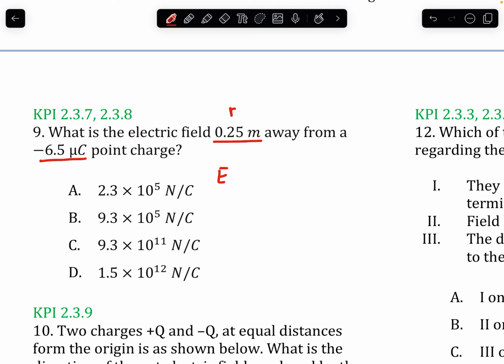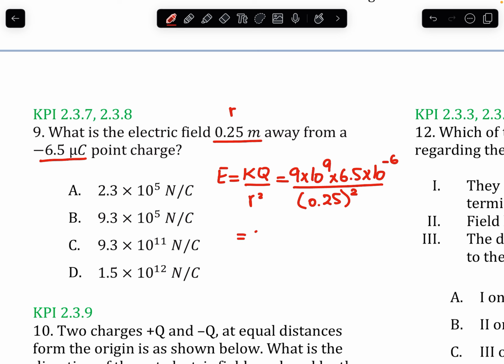So E again is KQ over R squared, 9 times 10 to the power of 9 times 6.5 times 10 to the power of negative 6, excuse me, over 0.25 squared. So I'll have 9.3 times 10 to the power of 5. Please do not forget about the unit.